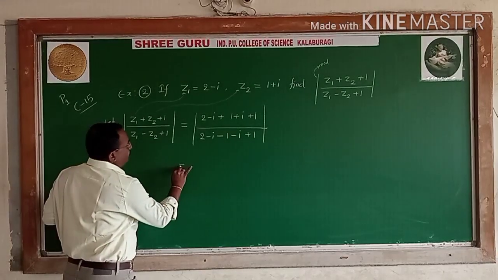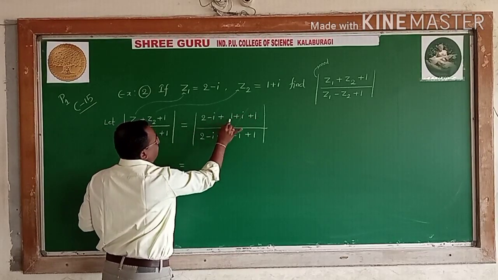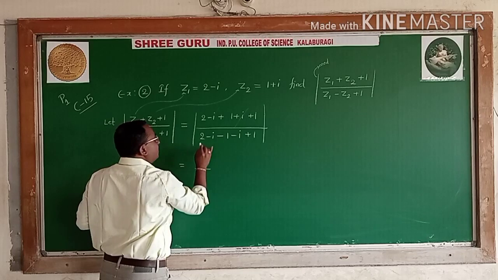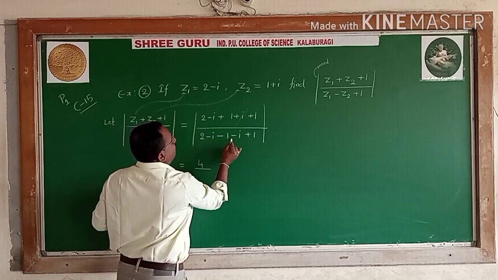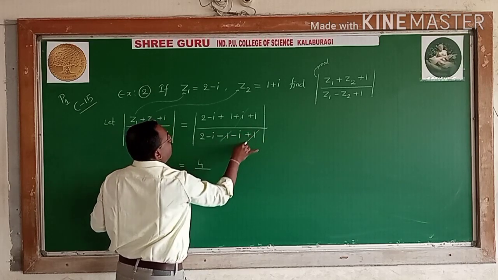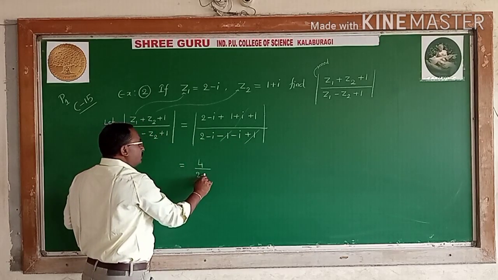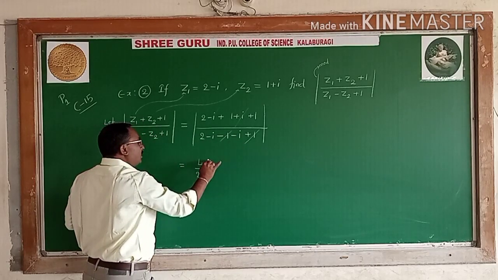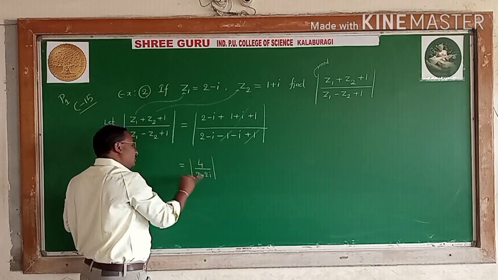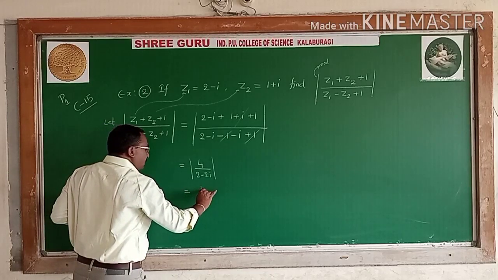Here plus i and minus i get cancelled, 2 plus 1 plus 1, total 4, divided by 2. Here minus 1 plus 1 get cancelled, 2 minus i, 2 minus 2i. The modulus is 4 as it is.